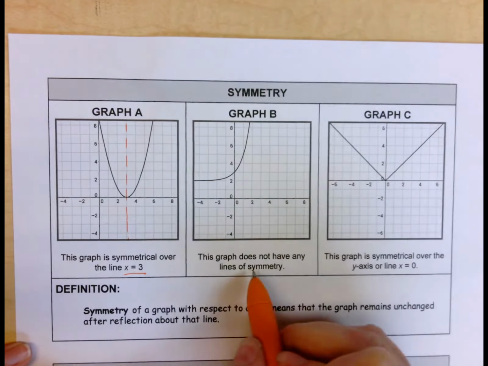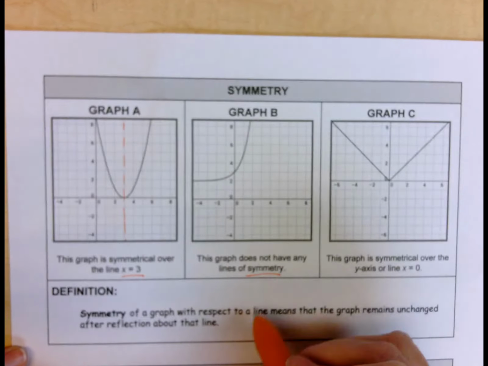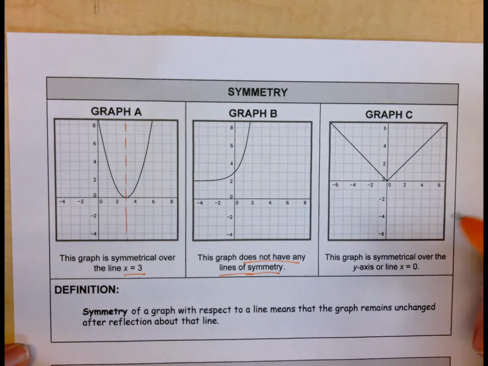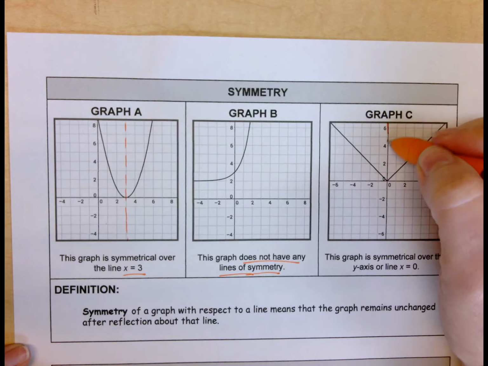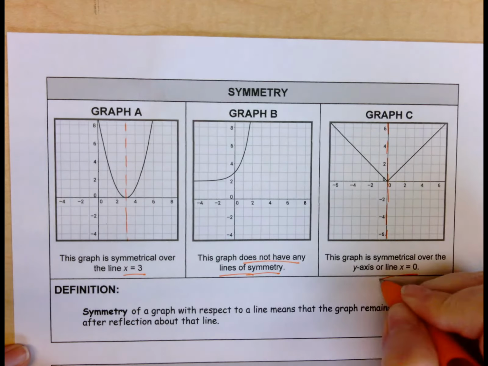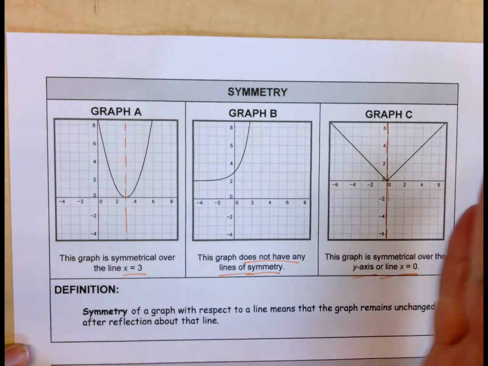Okay. On this one, no matter where I draw a line, it's not going to have symmetry. Okay, so it does not have any lines of symmetry. And then here, if I do a line on the y-axis or at x equals 0, then I'm going to have symmetry on that line.